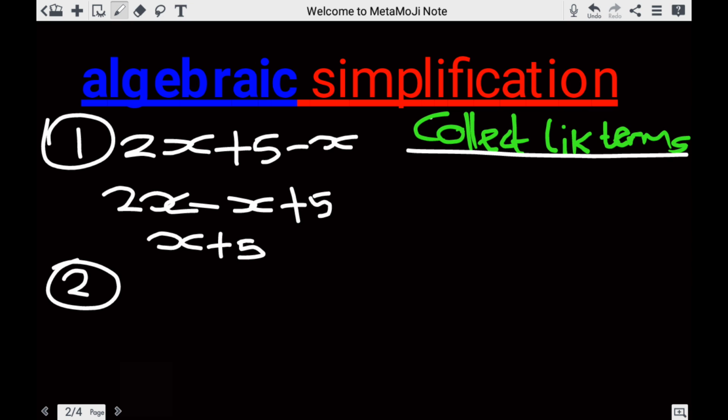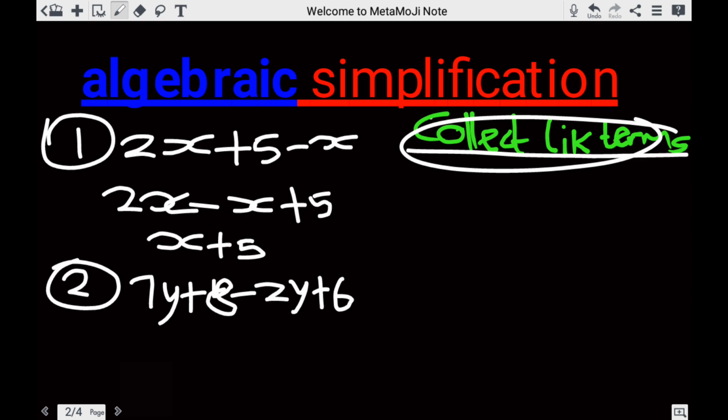So let's look at another one. Let's say we have 7y plus 8 minus 2y plus 6. How do we do this one? Now have a look at what I wrote on this screen over here.